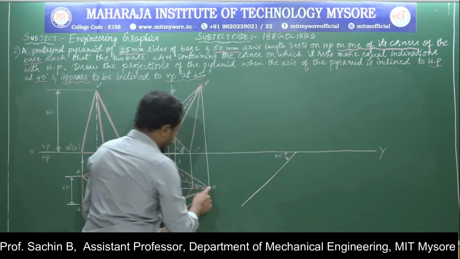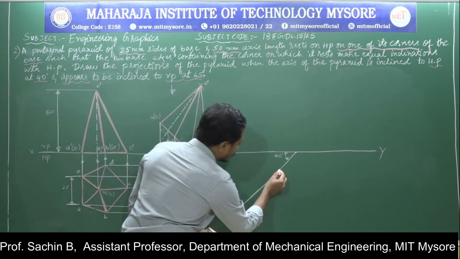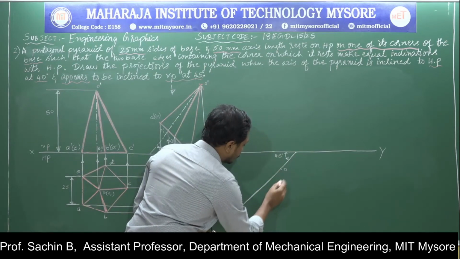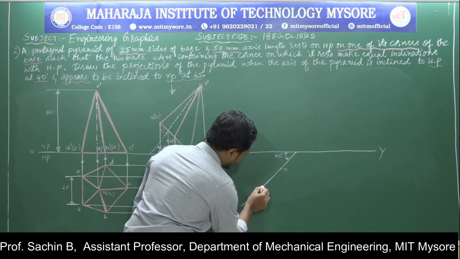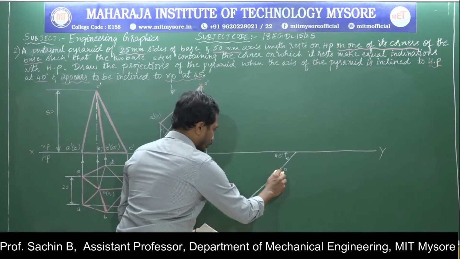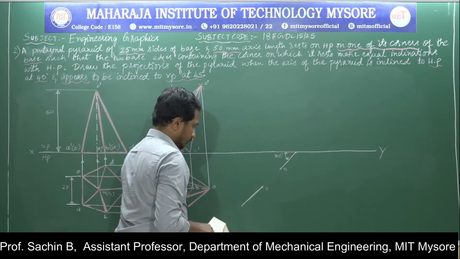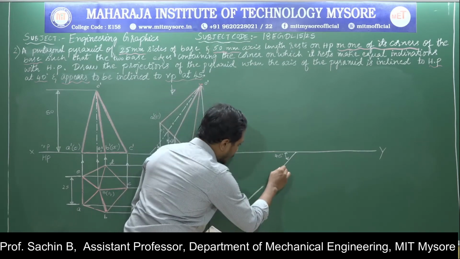Next, I will measure from O to C first. Here we have mentioned that O to C is the slant edge, the hidden edge line.